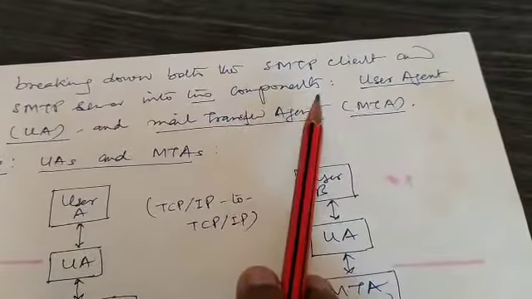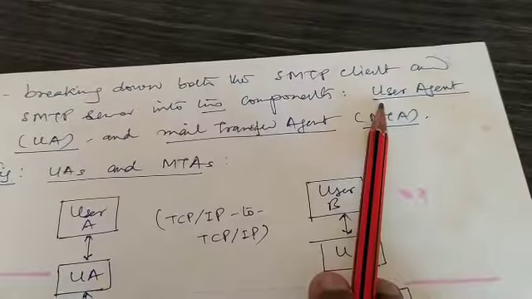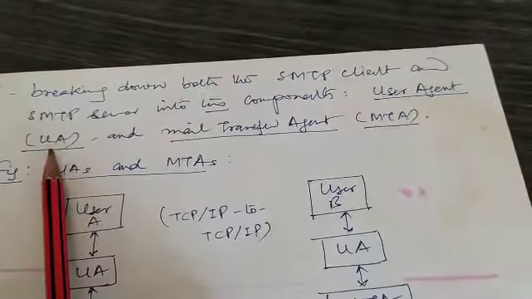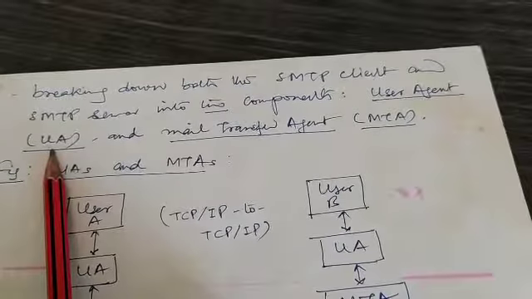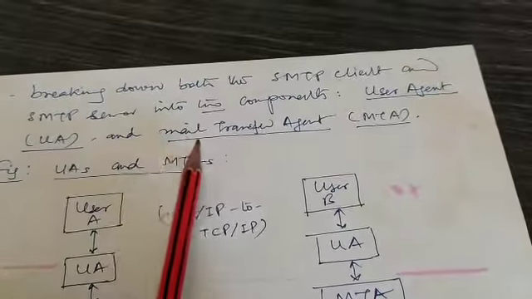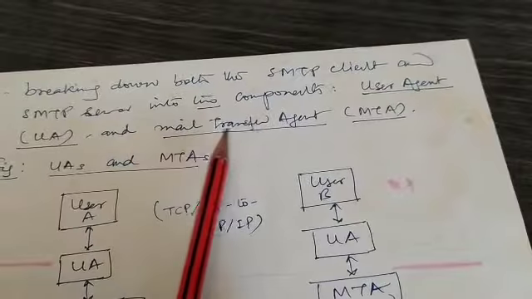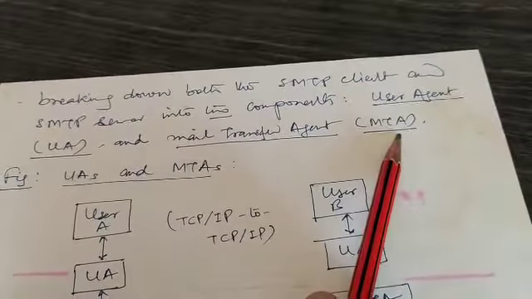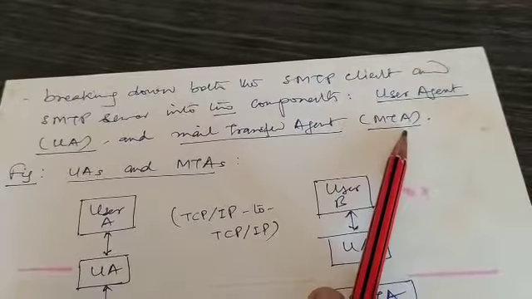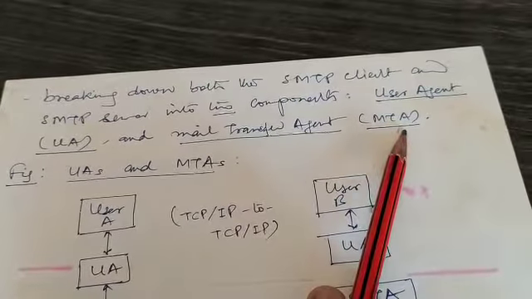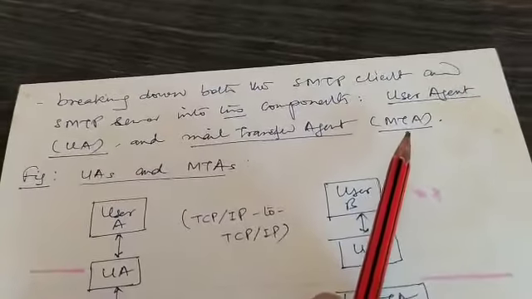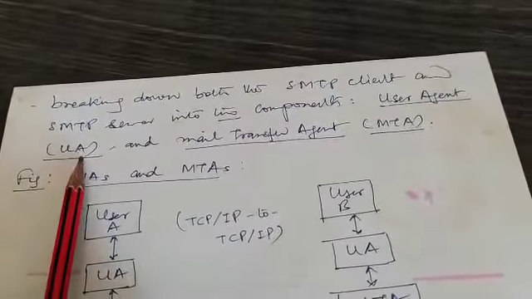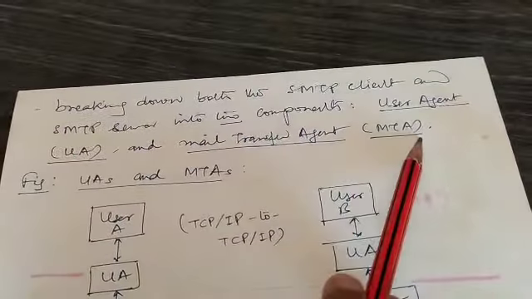What are these components? One component is called the user agent, abbreviated as UA, and the other one is the mail transfer agent, abbreviated as MTA. Right, so we have these two components at both the ends, that is UA and the MTA.